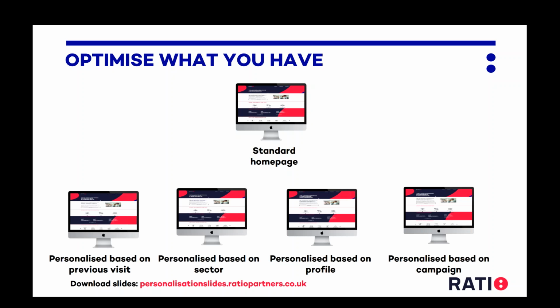So areas such as identifying what a visitor did on their last visit, identifying what sector someone belongs to, what profile they belong to, and their campaign. We have about another dozen actually that you can also apply to these, which I'm happy to share. Why is it important?